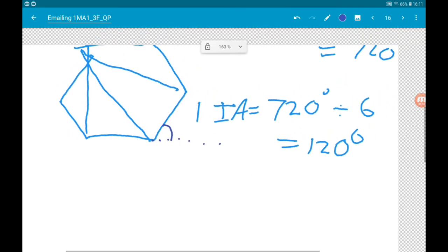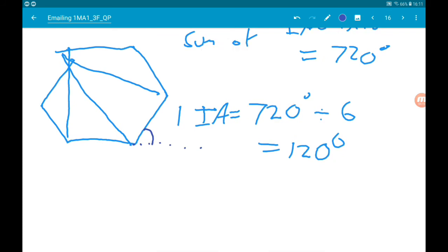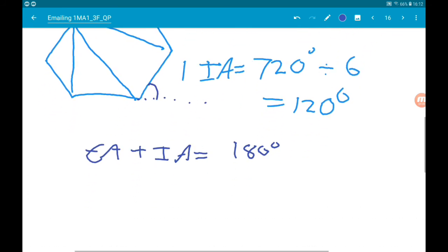So from that there are 2 important facts. So an exterior angle add interior angle, because they make up angles on a straight line, they add to 180, and also, no matter how many sides your shape has, the sum of the exterior angles is always 360 degrees.